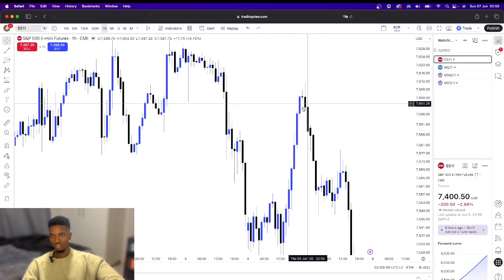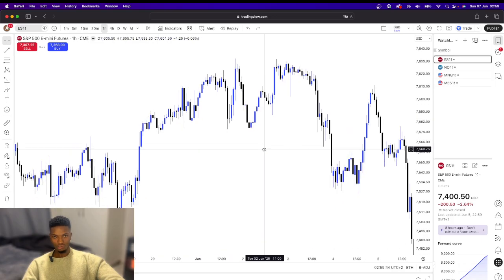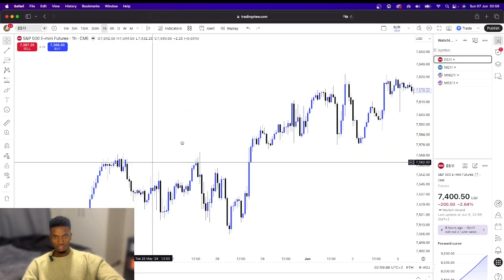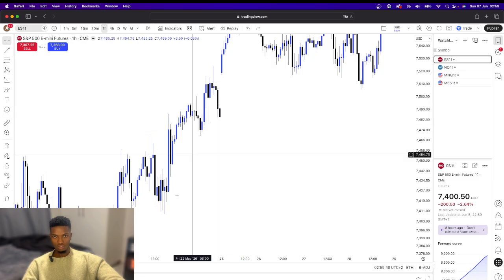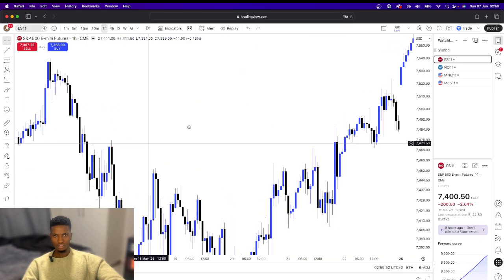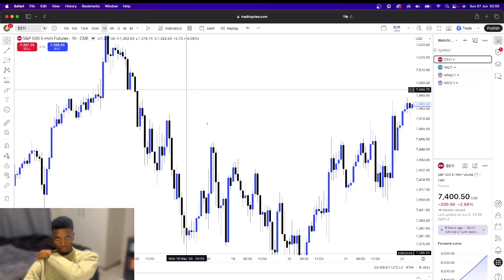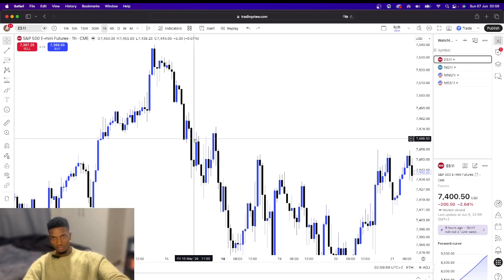This one requires a bit of experience. So once you get used to reading this, then it will become easy for you. So let's see, what do we have here?